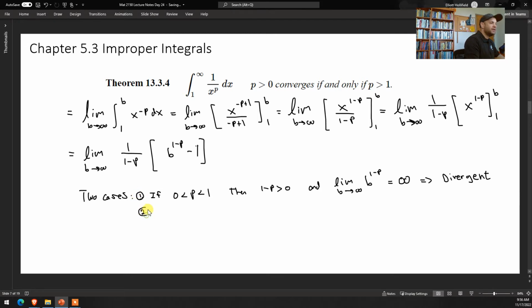Now for our second case, if p is bigger than 1, then 1 minus p is a negative number.